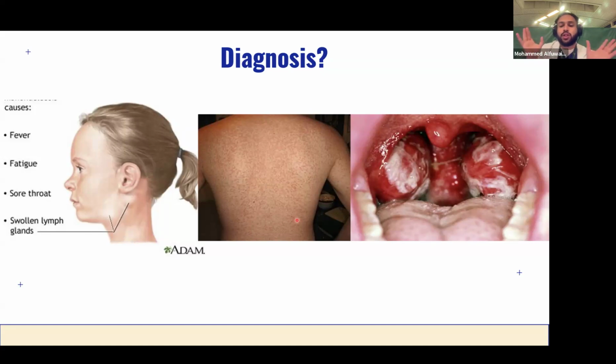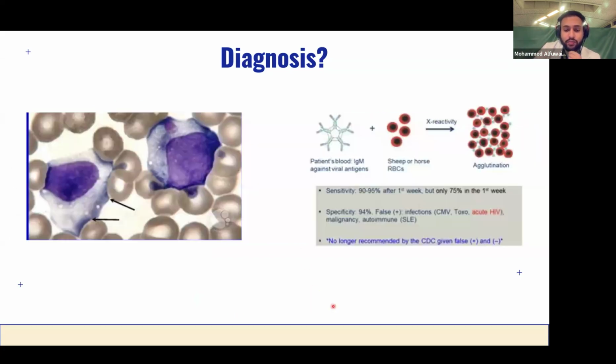You hit someone, rupture, bleeding, death. Splenomegaly. So you tell them not to do sports or exercise in general for 3 weeks. Contact sports such as American football in the US, 4 weeks. Okay, that's important. And swollen lymph nodes is another important finding of infectious mononucleosis.